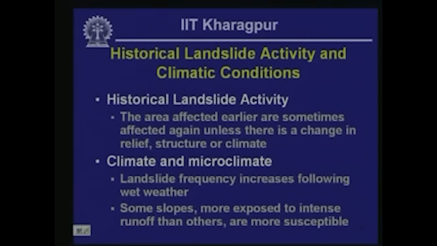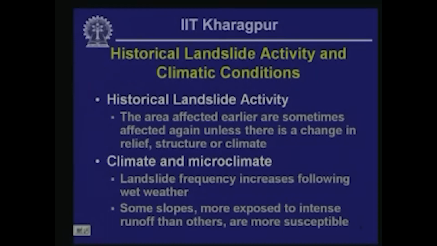Then the second aspect here is climate and microclimate. The second term is of interest because many landslide activities affect hilly areas, and in hilly areas, very small units of area are affected. They have their own microclimate.